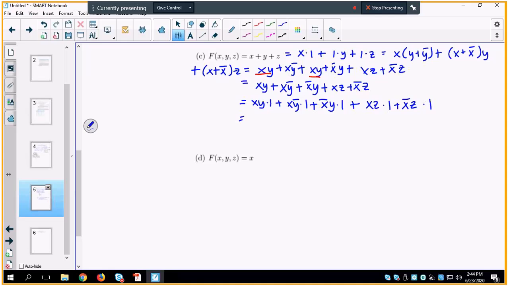And this will be xy times z plus z bar plus xy bar times z plus z bar plus x bar y times z plus z bar plus xz times y plus y bar plus x bar z times y plus y bar.